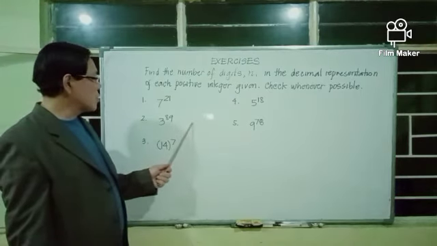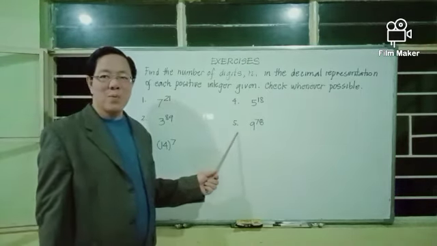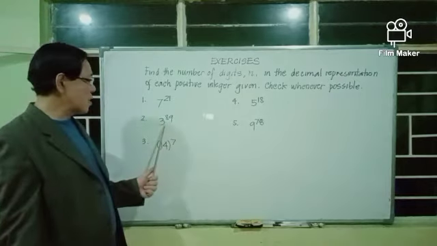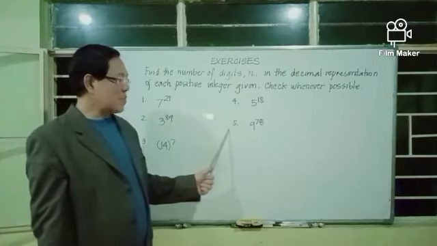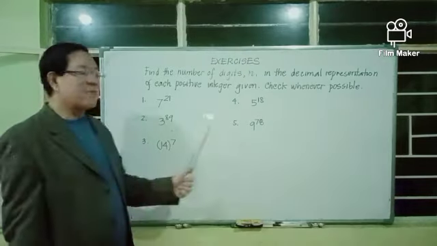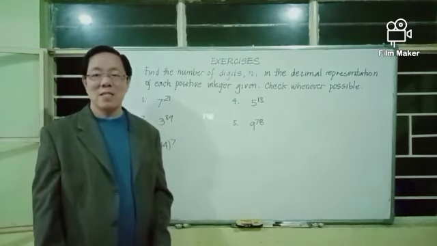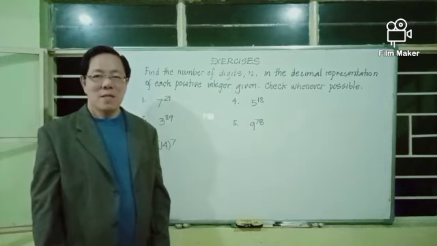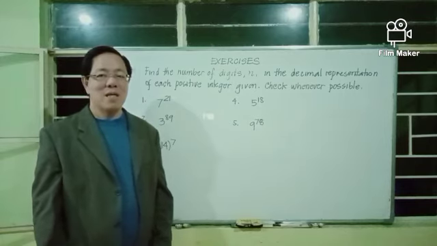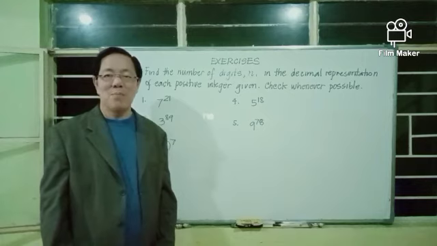For numbers 2 and 5, if you write the decimal representation of these two positive integers using your calculator, the answer you will get in your calculator is in exponential form. That is a decimal number multiplied by 10 raised to some exponent.